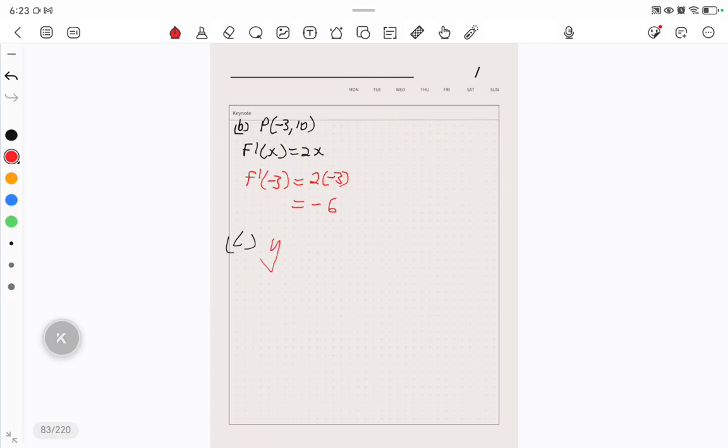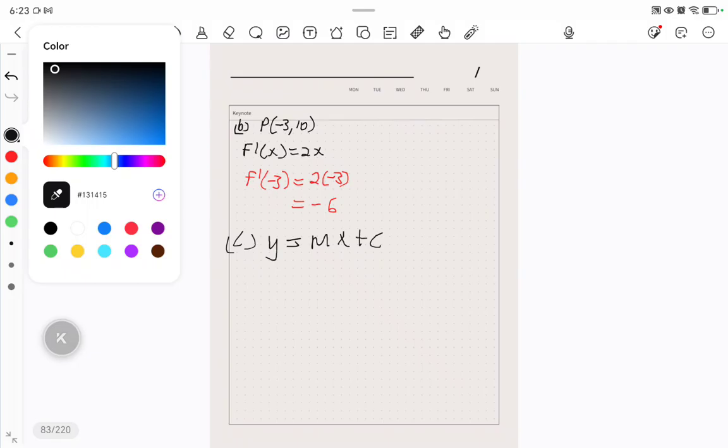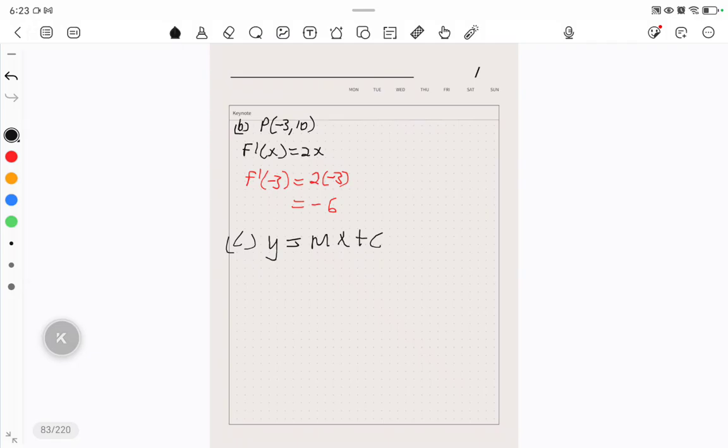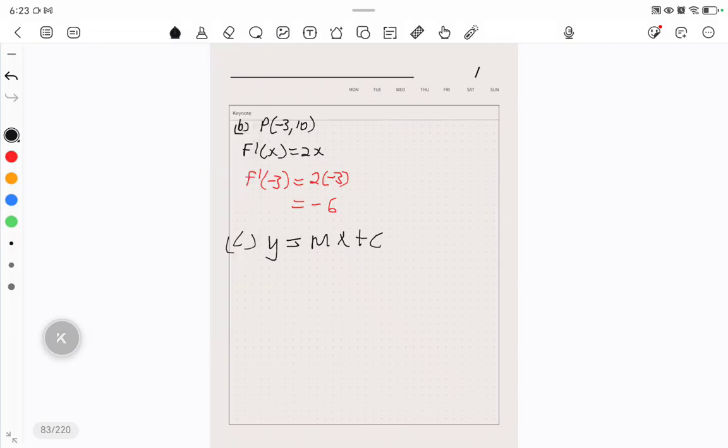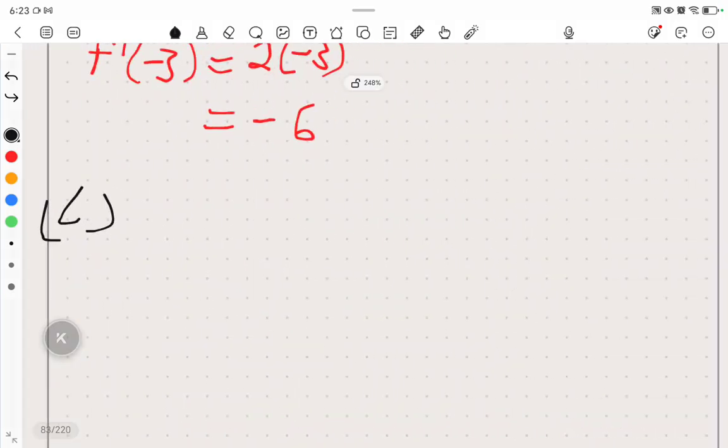So I'm going to use different equations so that you can compare it and check which one is simple. So here we have y is equal to mx plus c. You see, right? And then this would be y equals to mx plus c.